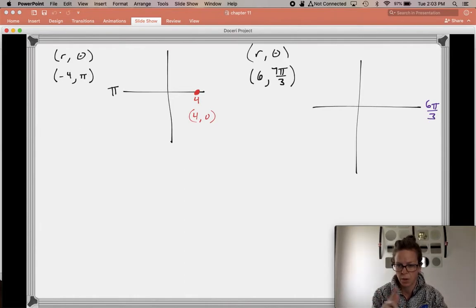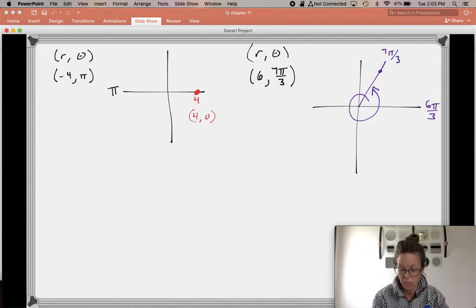So 6 pi over 3 would take me all the way around the circle, and then one more third of pi. So my angle is actually like this. I went all the way around 6 pi thirds and one more. So that's my 7 pi thirds line there. And then I want to go out a distance of +6 along that. So that distance is 6.